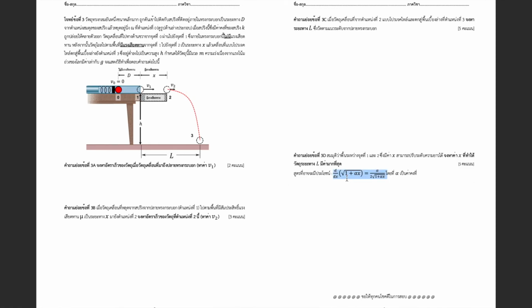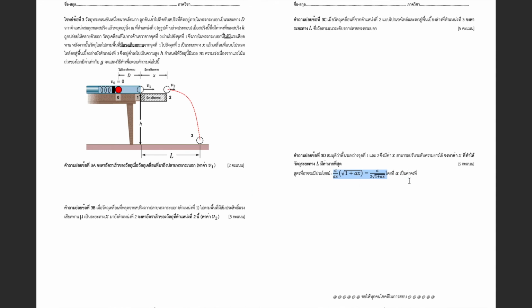This one is constant, so we can pull it out in front of d by dx. And we just assign this big term as an alpha, and then we obtain something really similar to the formula provided. Then we just follow the formula and obtain the result like this.